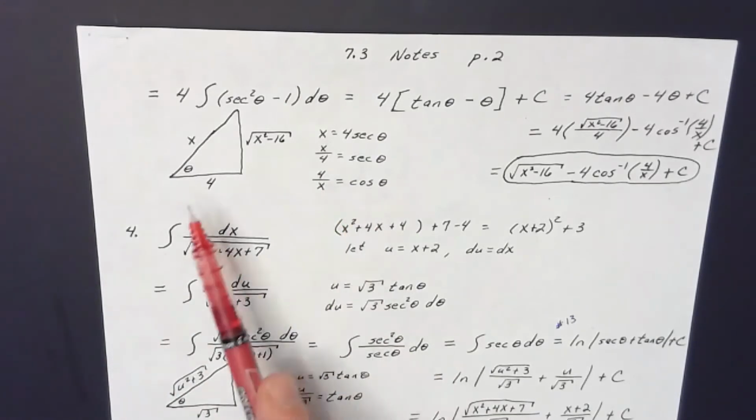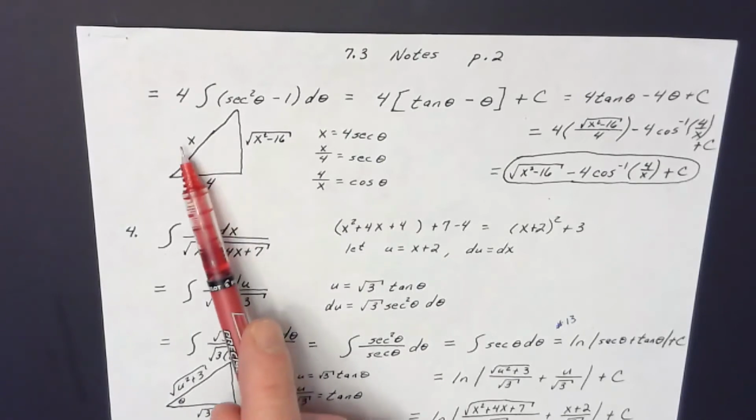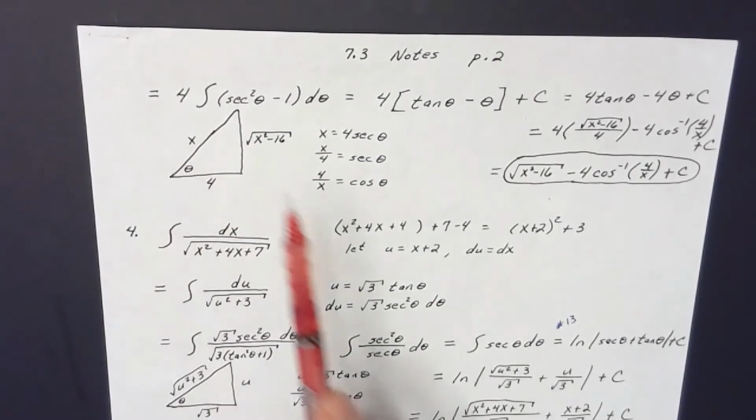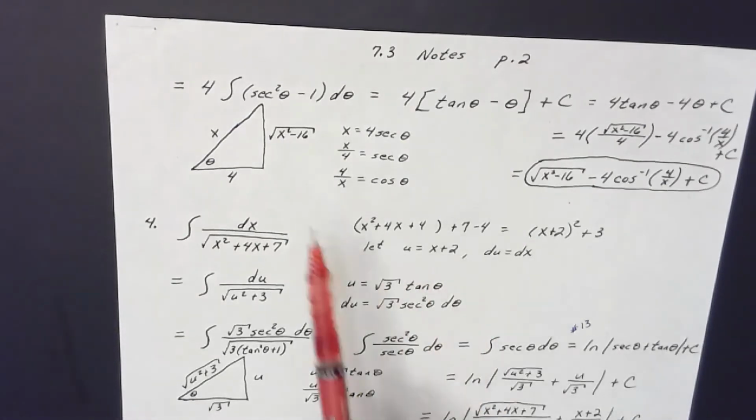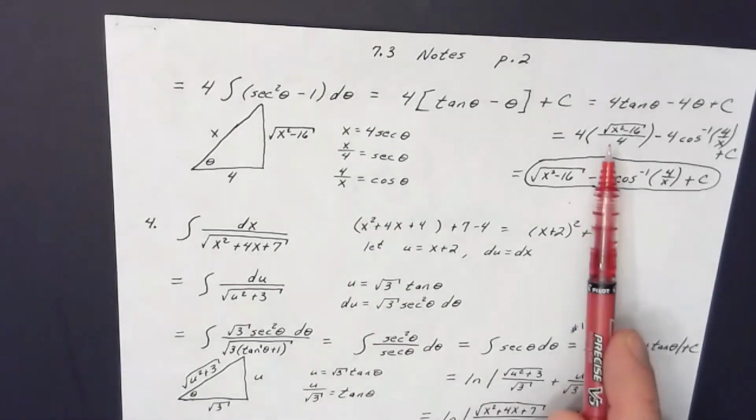So I can say the adjacent side is 4, the hypotenuse here is x, and I have my square root of x squared minus 16 in here as well. So now I'd go back to my problem.